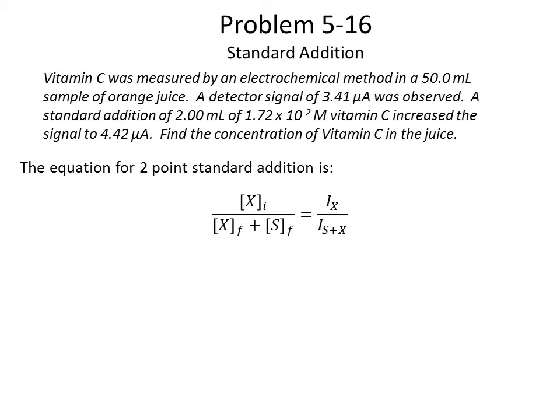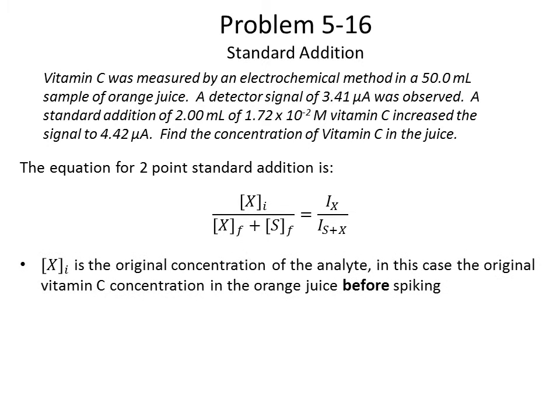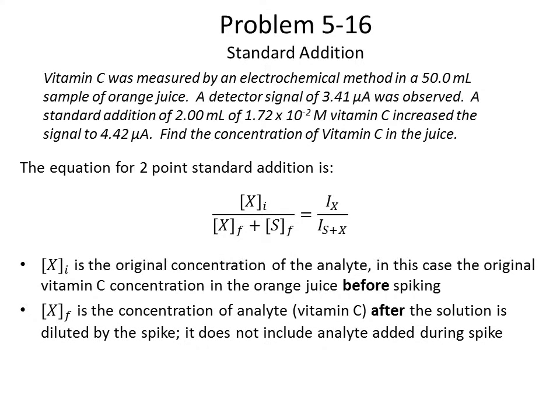The equation for 2-point standard addition is shown here. In this equation, Xi is the original concentration of the analyte, in this case, the original vitamin C concentration in the orange juice before spiking. Xf is the concentration of analyte, or vitamin C, after the solution is diluted by the spike.